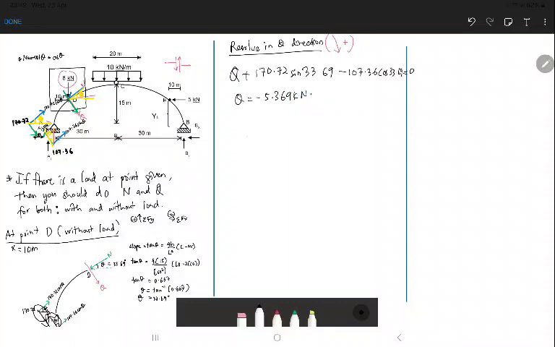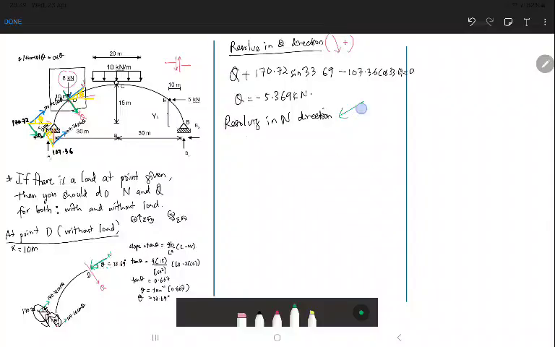Alright, and then next you resolve in N direction. Okay, N direction, this direction positive.